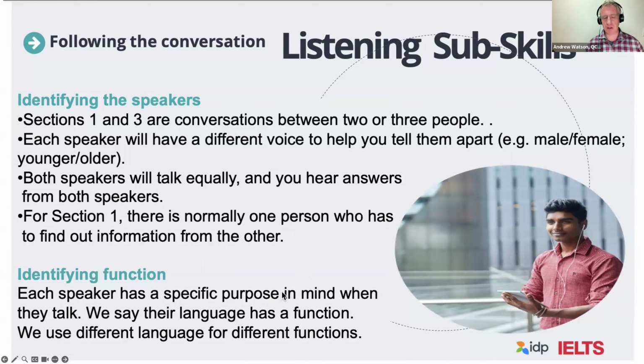Each speaker has a specific purpose in mind when they talk. We say that their language has a function, like giving a suggestion or responding to a suggestion. So we use different language, what we call exponents, for different functions.